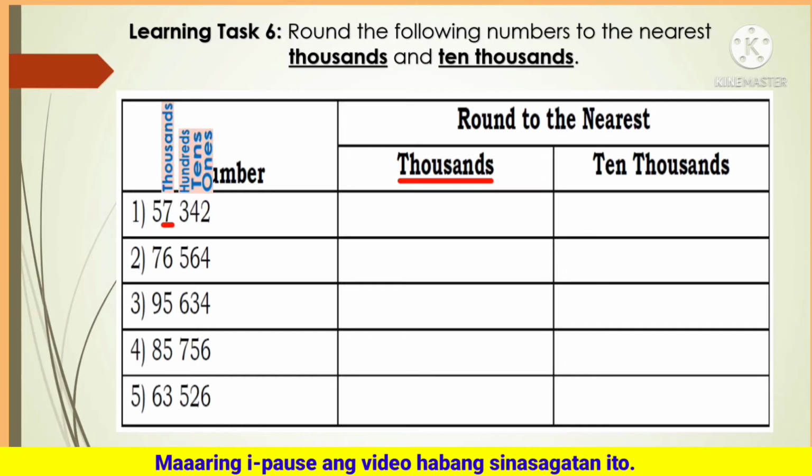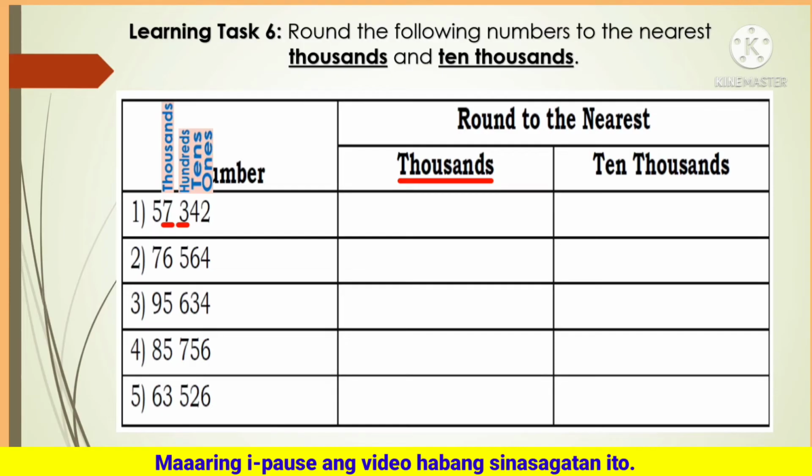Step 2. I-check ang digit na nasa kanan ng 7 or kasunod ng 7. So, ang nasa kanan ba or kasunod na digit ay 5 pataas or 4 pababa? Tama! 4 pababa kasi ang kasunod niya ay 3. Kaya, wala tayong gagawing pagbabago sa ating rounding digit na 7.